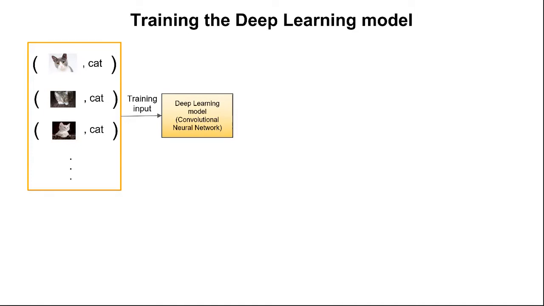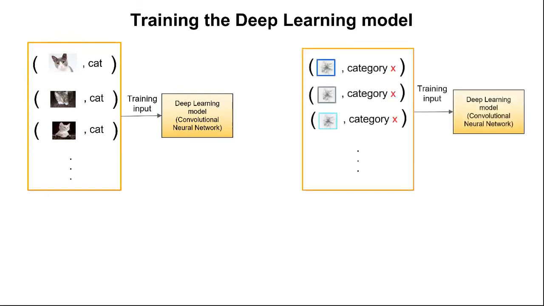Here, we are giving as input an image of a cat and the corresponding label. Similarly, our deep learning model has to be trained too. For this, we will be using the 2D images and corresponding category labels. But the interesting question is, how do we find the category of the 2D image?